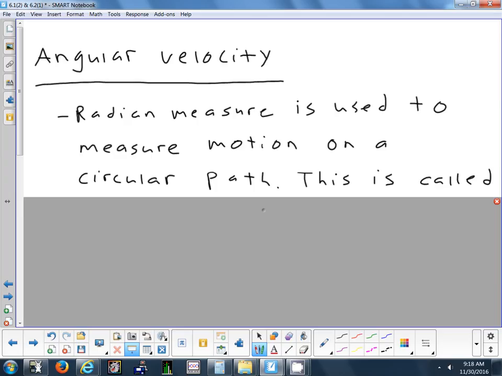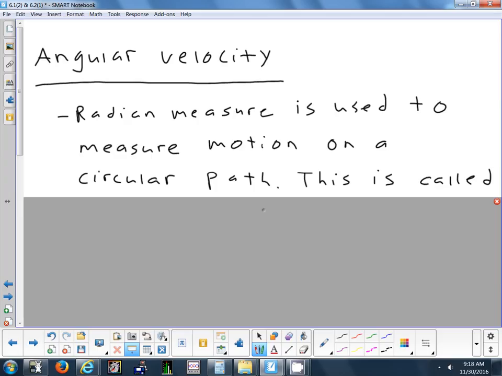So our book defaults to using radians. Okay, so if they ask you to find the angular velocity of something, normally that would be a pretty wide open question. Well, what do you want? Do you want degrees per second, degrees per hour, radians per minute, revolutions per minute? But the default is if they ask you to find angular velocity, you always use radians.